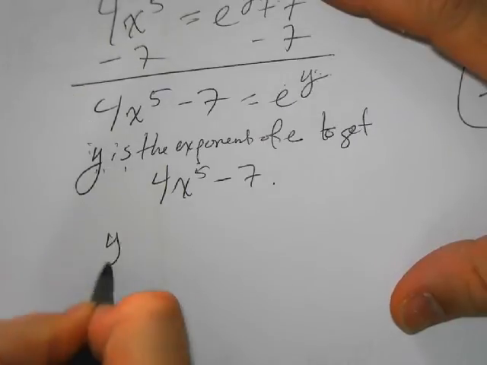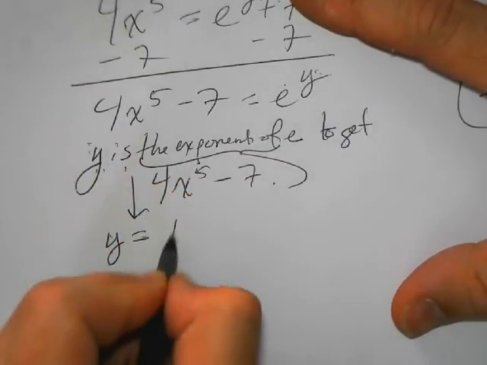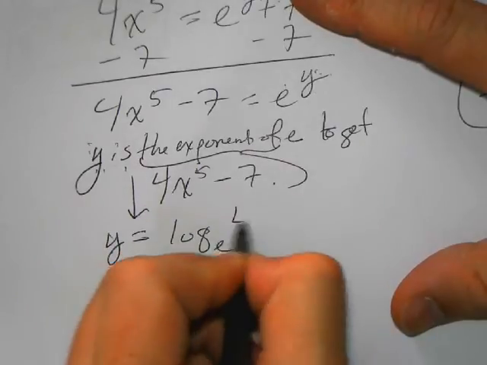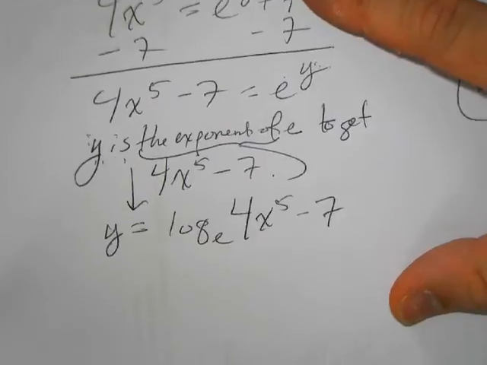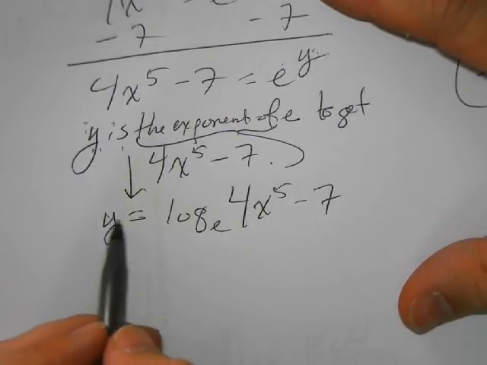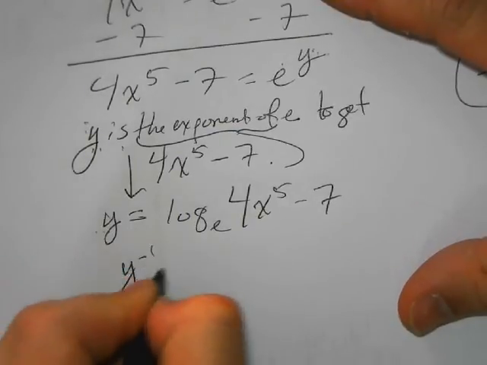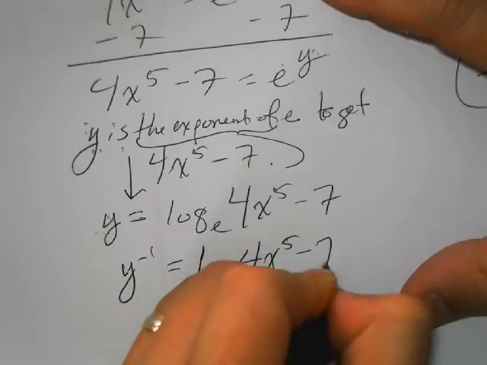Y equals log base e of 4x to the 5 minus 7. And last step, we can simplify this. This is not the same y, so y to the minus 1 is the natural log of 4x to the 5 minus 7.